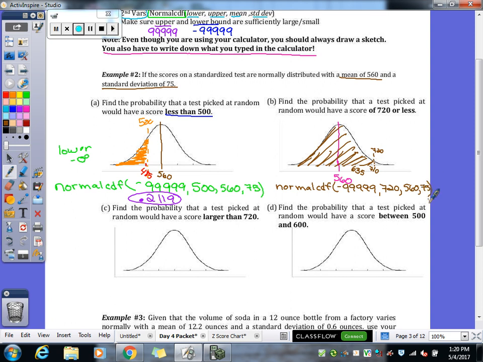Fourth number is your standard deviation. So we'll type it in our calculator. Second vars, get your normal CDF, and then type your numbers in. So what did we get? Point what? 0.9836.